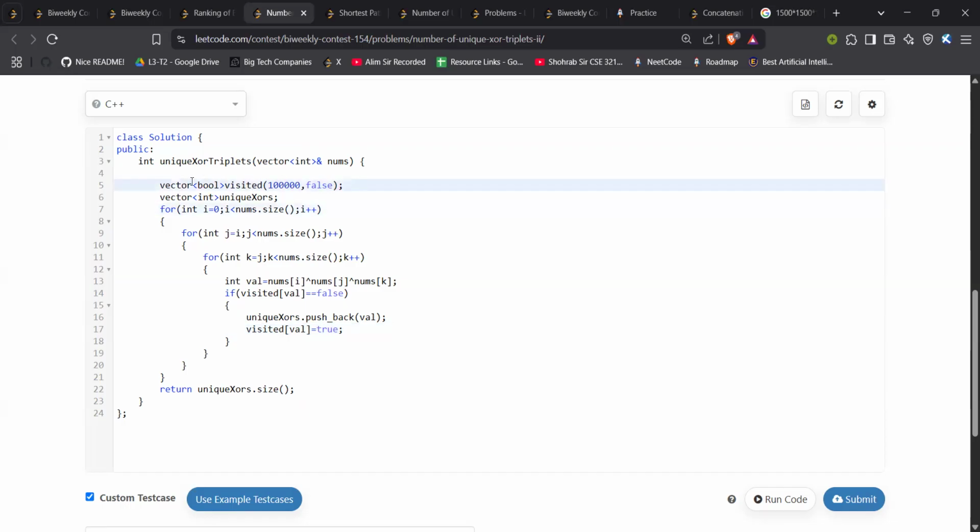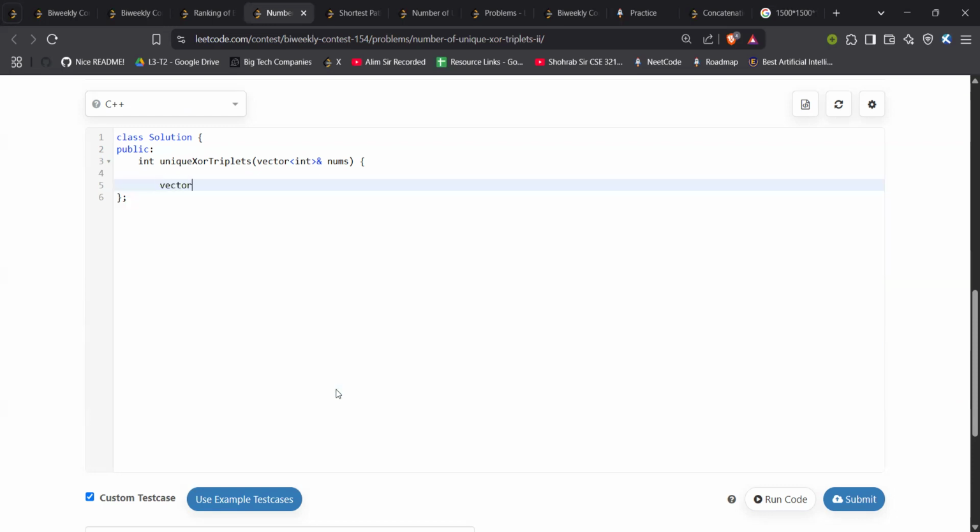Let's do it. I think it's going to give the right answer as well. Double fifty. It's a very bad variable, and to be honest, it's not a double visited, like visited for the double values anyway.